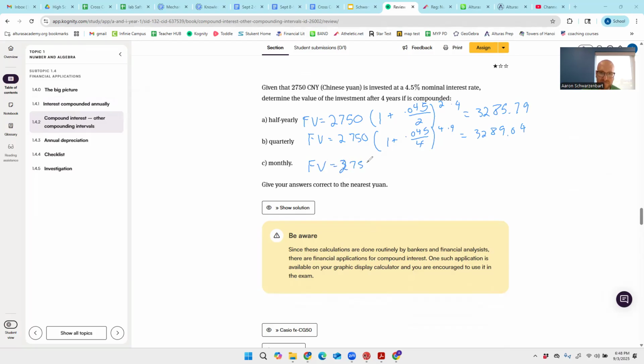Over 12, the 12 times 4. 3,291.24. Okay. So these are done often. It's easy to do with the graphing calculator as well.